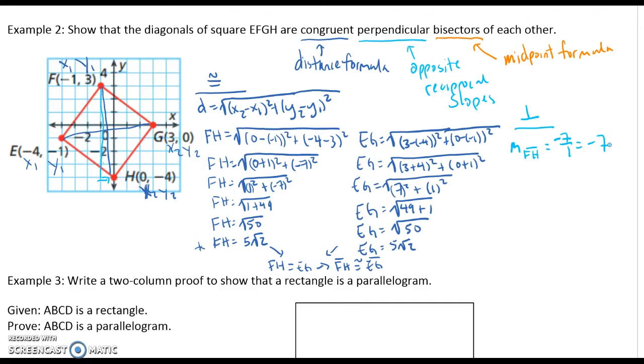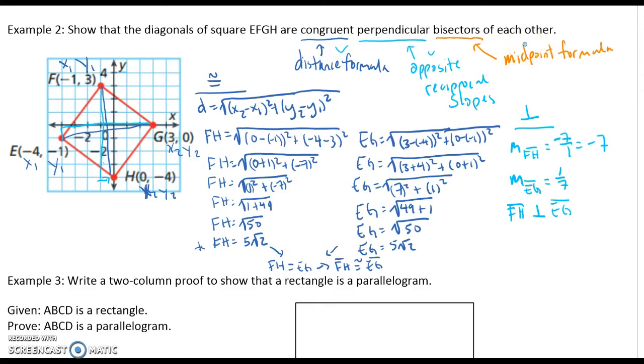Well, hopefully you remember the opposite reciprocal of -7 is positive 1 over 7. And that's what we're looking for the slope of EG. And again, you can count or you can do your slope formula. It's up to you. So I'm going to go left to right, up 1 over 7, which is great. So that's positive 1 over 7. So since they're opposite reciprocal slopes, we can say FH is perpendicular to EG. That's 1 done, 2, and now 3.